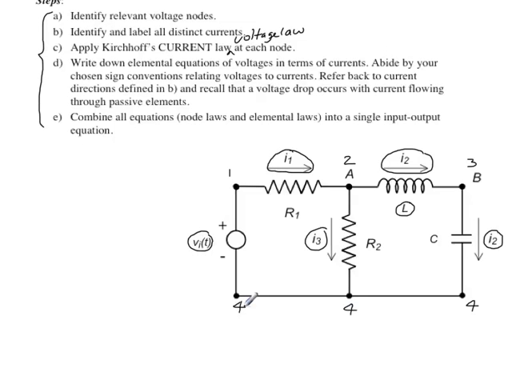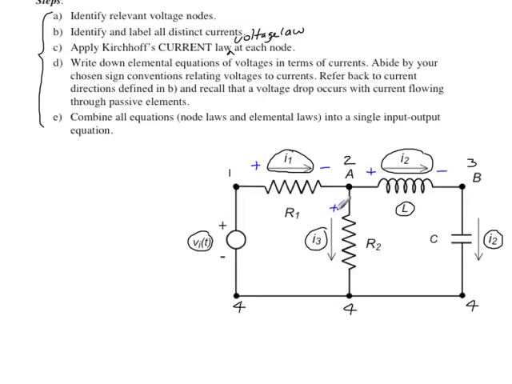But an important thing in order to get the right sign conventions for our elemental laws is that we recall that current flows from positive to negative in our passive elements here. So this is a plus and a minus in terms of voltage. Again, a plus and a minus.